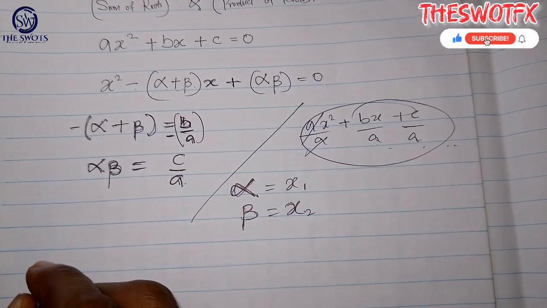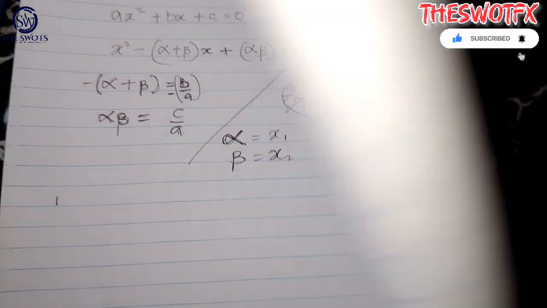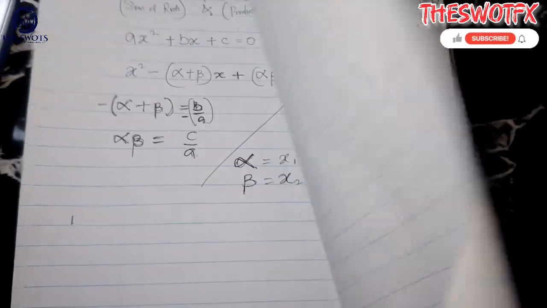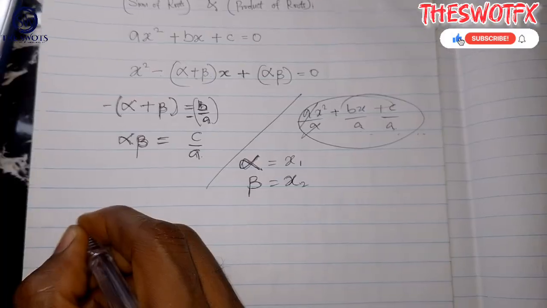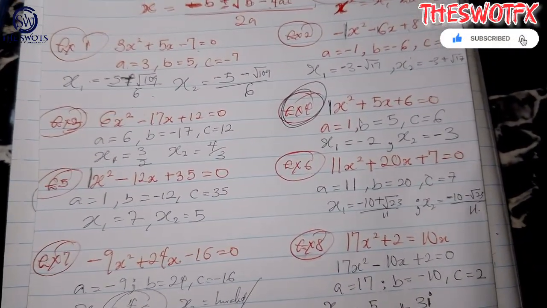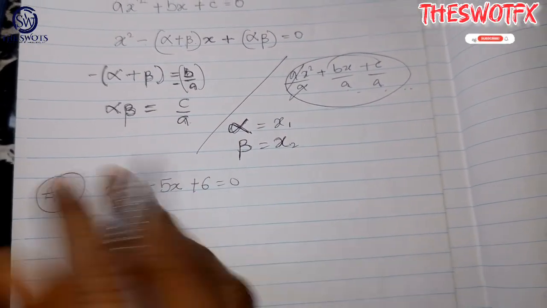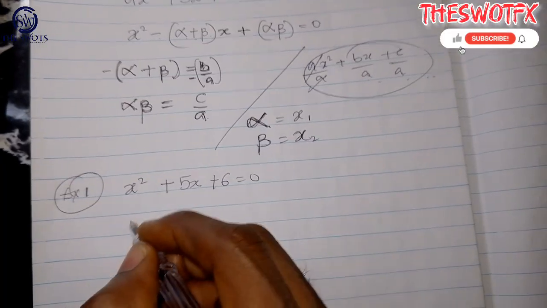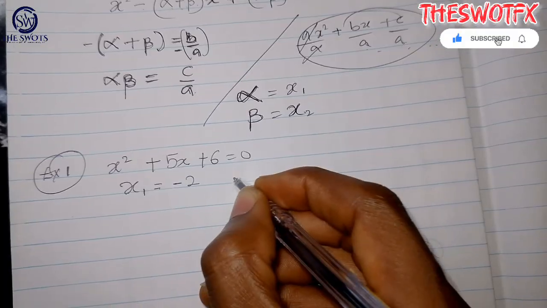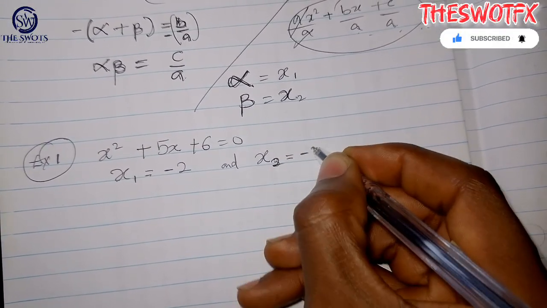Now, from the previous episode, let's take a look at one question which we are going to try to solve. Question number 4, which says x² plus 5x plus 6 equals 0. When we used our calculator, our x1 is minus 2 and our x2 is minus 3.